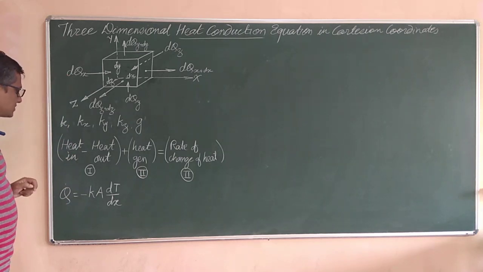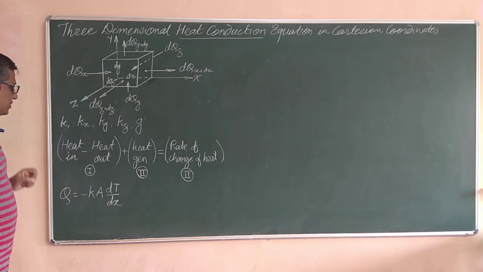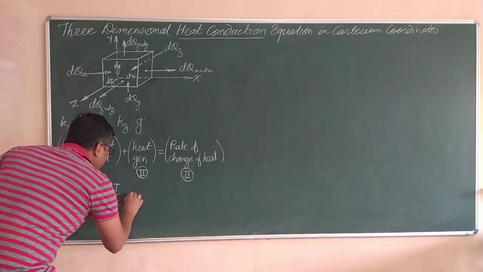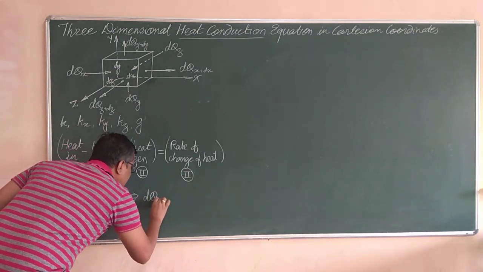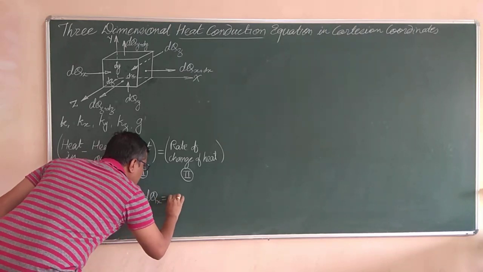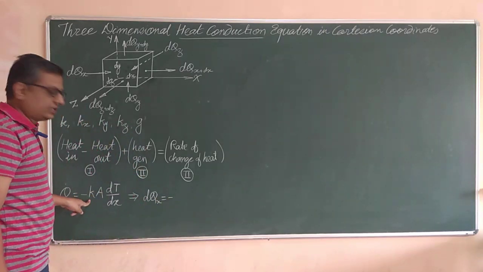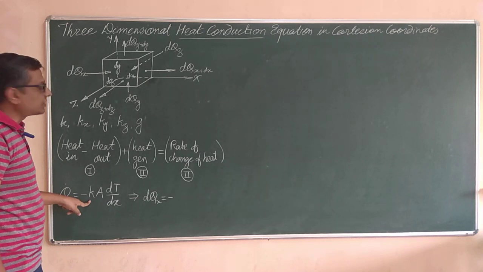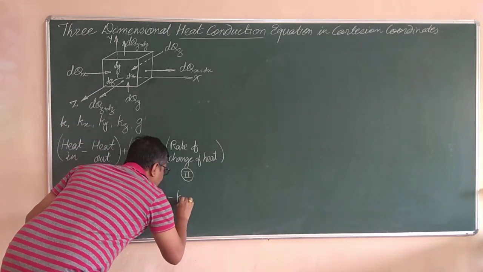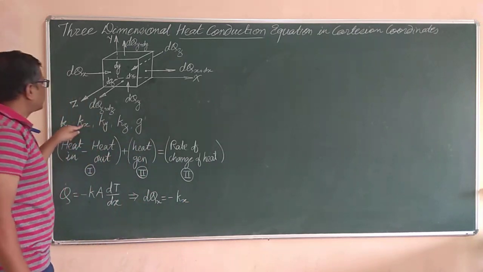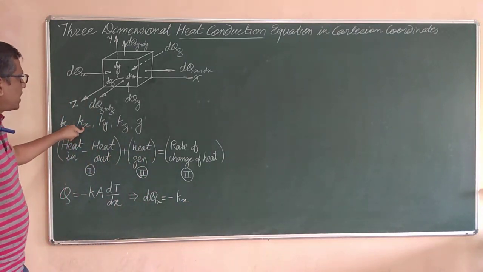Now what is this dqx? If I apply it, then I can get the equation for dqx as equal to minus K, where K is the thermal conductivity of the material. So the value of K in x direction is Kx, that we have already considered, since it is not an isotropic material.